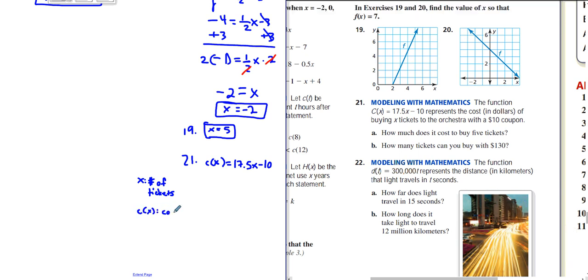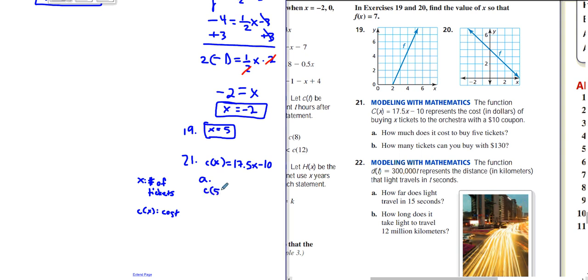All right, part A. How much does it cost to buy 5 tickets? Well, if X is the number of tickets, it makes sense to plug in 5 for X, since it's X tickets. So I'm going to evaluate the function C when X is 5. Follow the order of operations and you'll get this right.